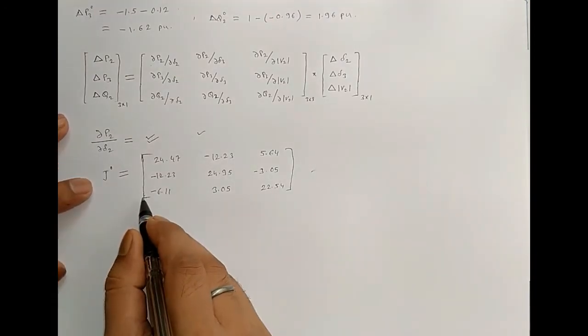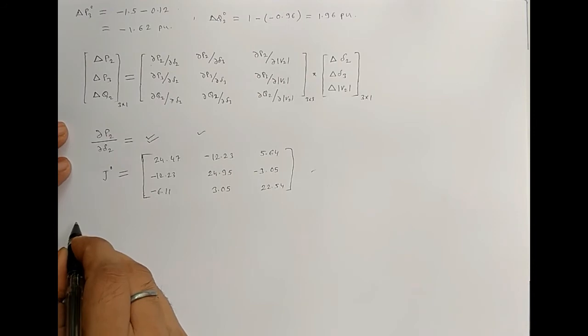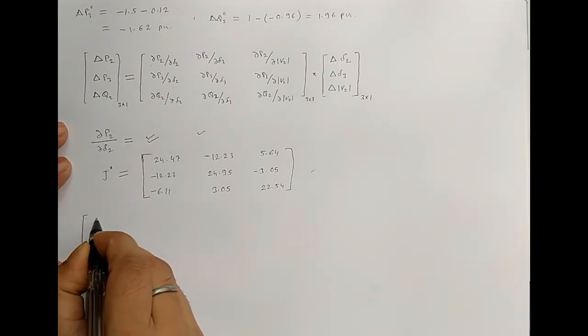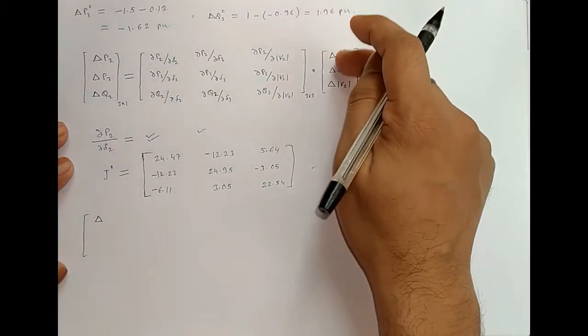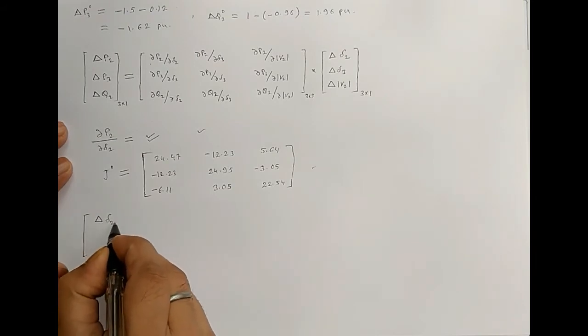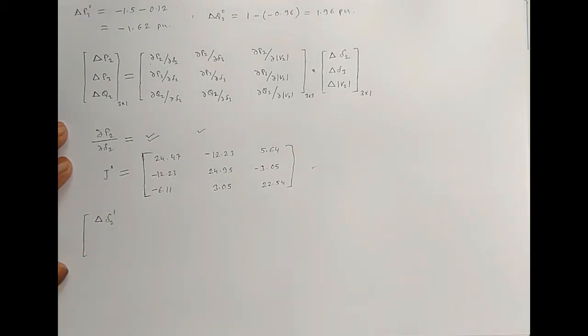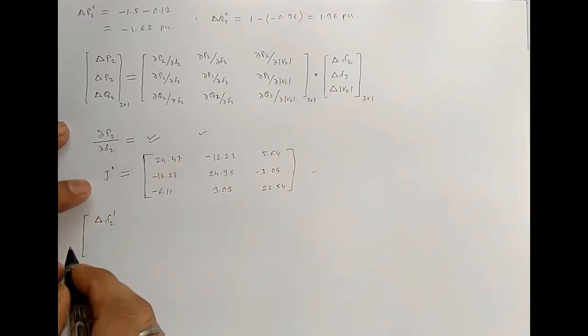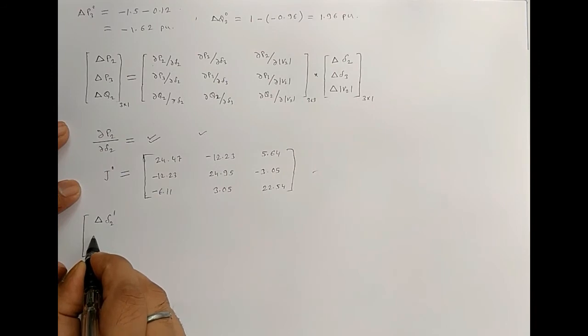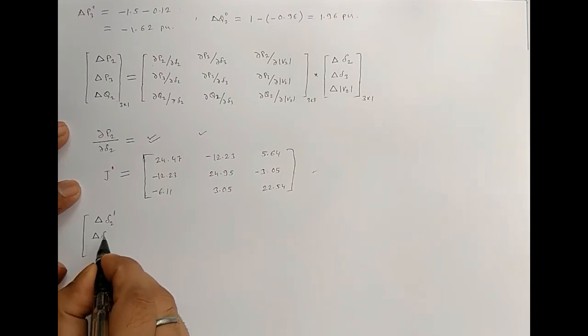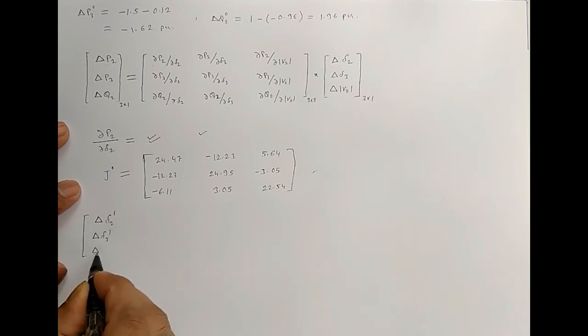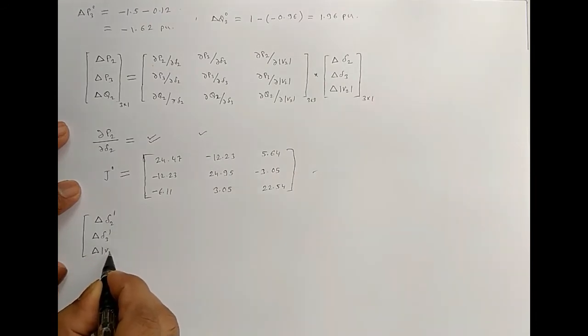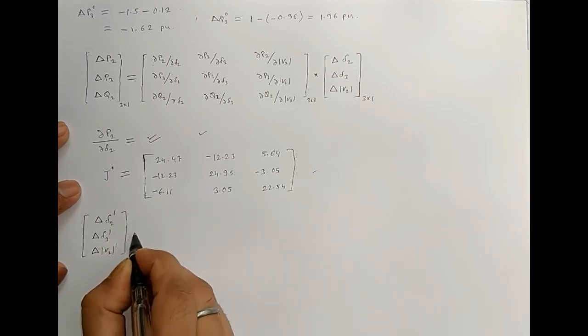So with the help of this J0, we will calculate the first iterate, that is the corrected values of delta 2, delta 3 and mod V2. This is the iteration number 1, because this is the corrected value after calculating the Jacobian matrix. So this will be delta 2 1, delta 3 1, and mod V2 1. What will this be?